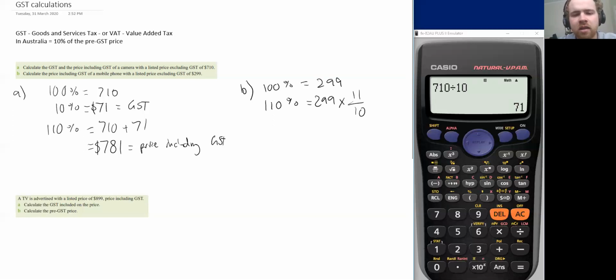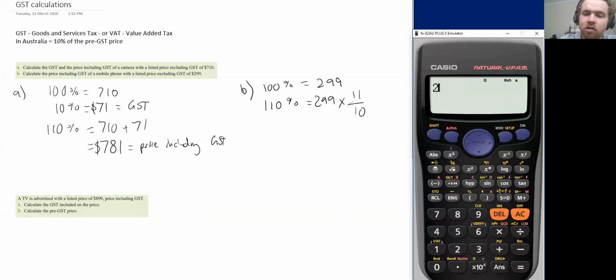You can see that to get from 100 to 110, you're multiplying by 11 and then dividing by 10. So in the same way, we can multiply our number by 11 and then divide by 10, and we will get what 110% is.